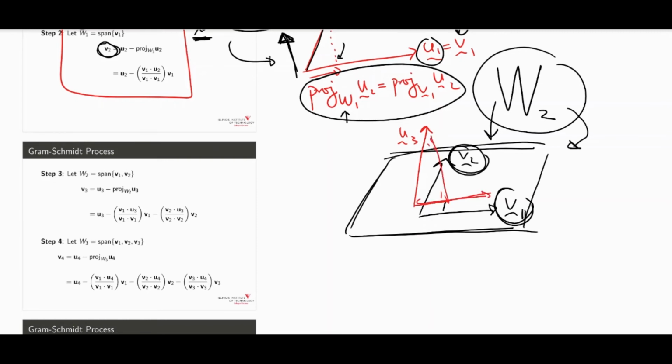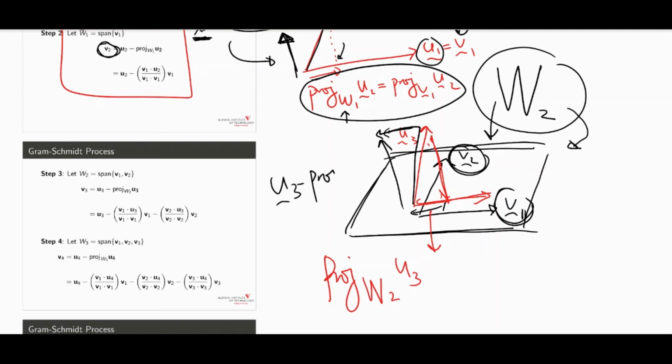Why do we want to do that? Because if we take the negative of this vector, move it here, and take this one plus this vector, we're going to construct another vector right here, which is U3 minus the projection of U3 onto W2.